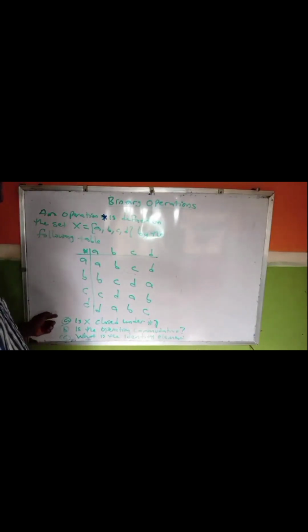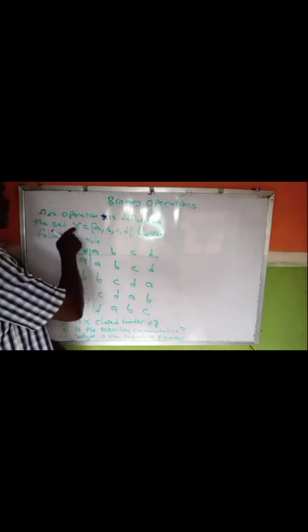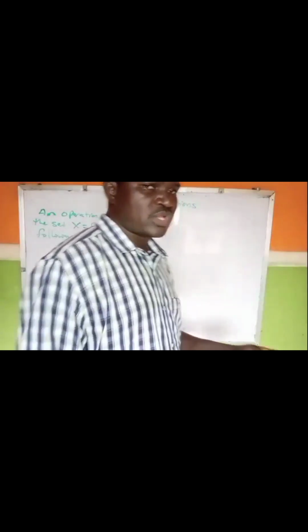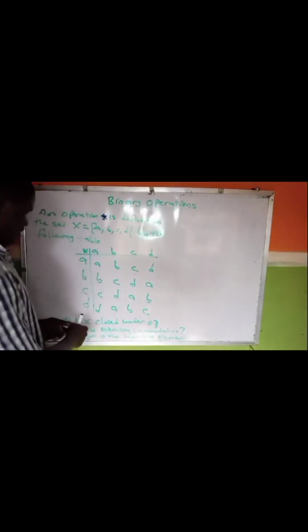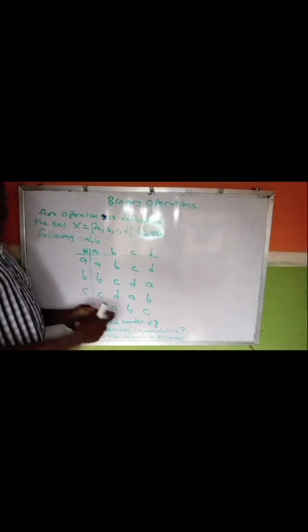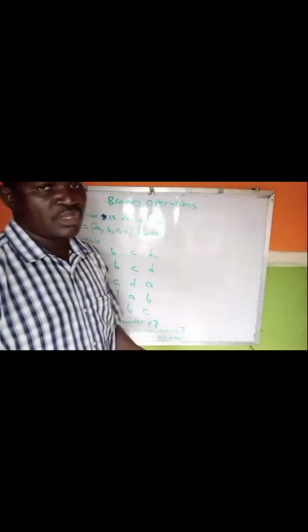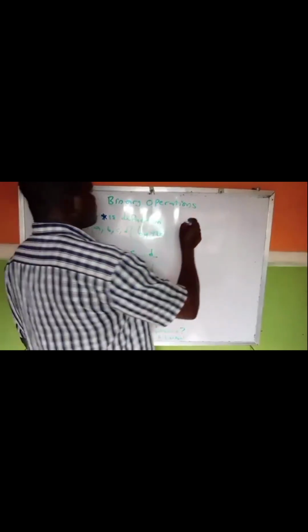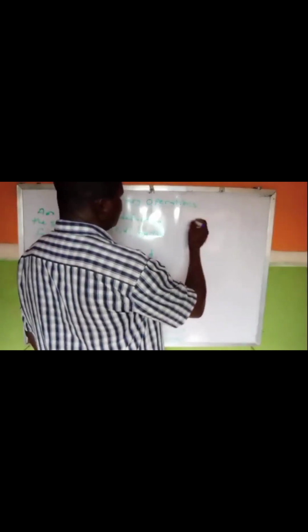Then they ask you that A is in X, that is, a member of this set. When they talk about closure, they ask whether a binary operation is closed under a certain operation. Look at this. Let's say you have a set of numbers.